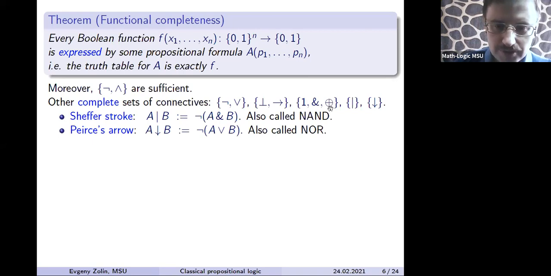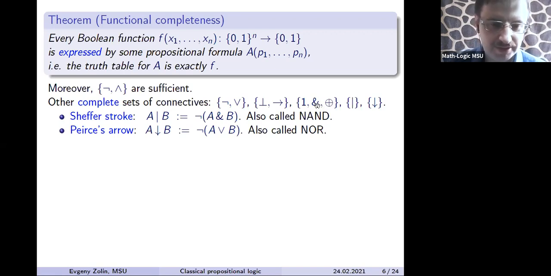An important set of connectives is one, conjunction and plus modulo 2. So plus, so this is like a plus in numbers, and conjunctions works like a multiplication. And therefore, you can write polynomials in this basis.